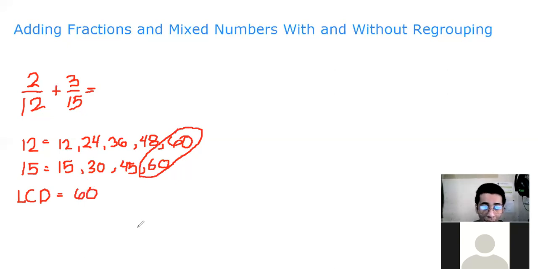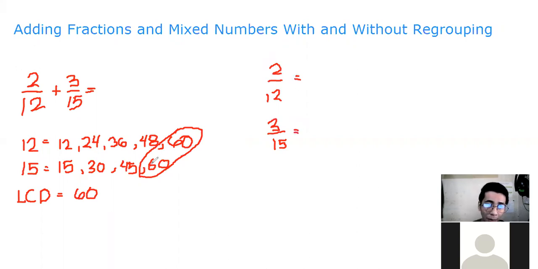Ngayon, mapapalitan yung ating bagong fraction. Diba, we have 2 over 12. Yung isa naman is 3 over 15.